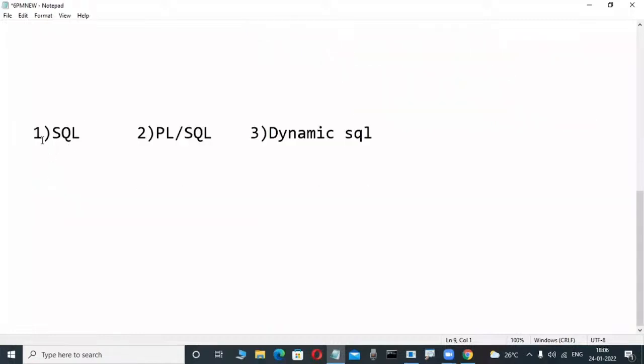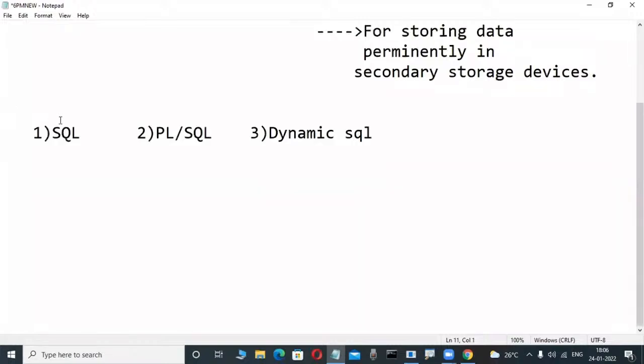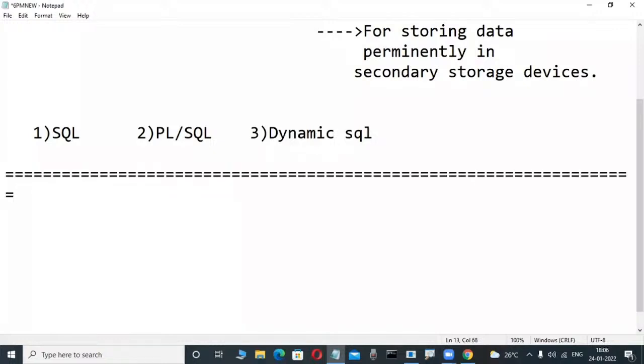For operating these products, we use SQL. But for the Oracle database product, if you want to operate it, 3 languages are used. One is SQL, another is PL/SQL, another is dynamic SQL. Up to this point, we learned in the previous classes.